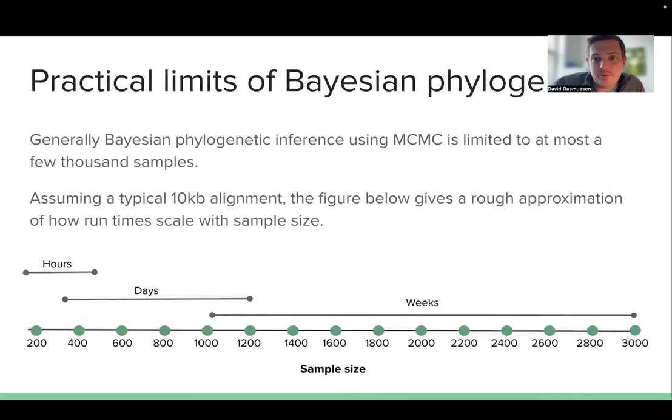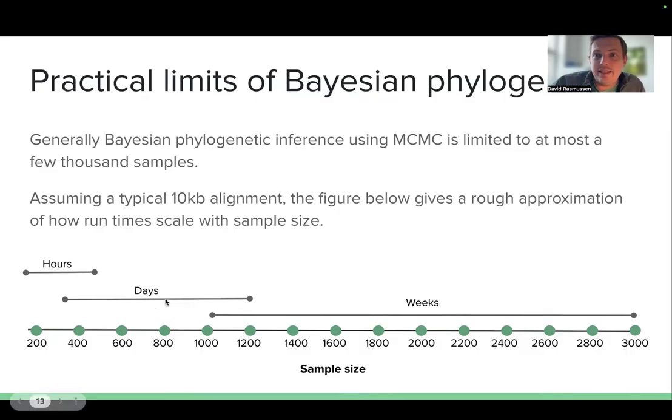So in practical terms, what does this mean? It means for, say, an alignment length of 10,000 sites, which might be quite typical for an RNA virus, we can use MCMC to sample from the posterior distribution of trees in, say, hours for data sets with 100 to a few hundred samples.